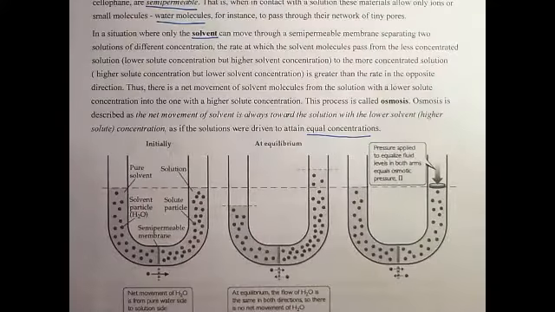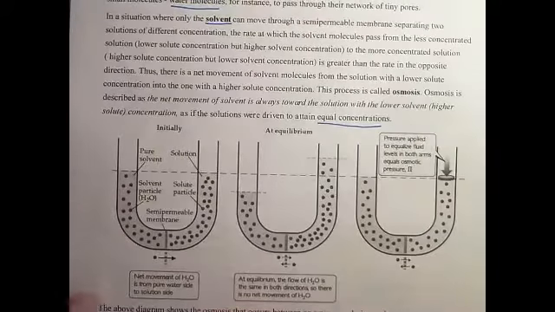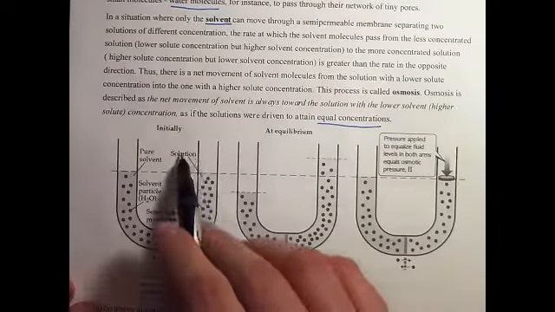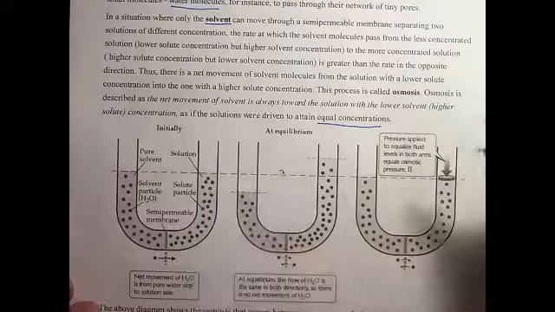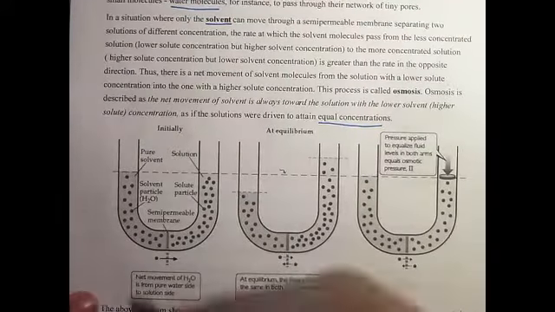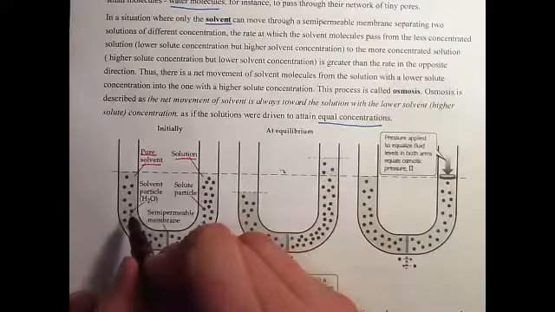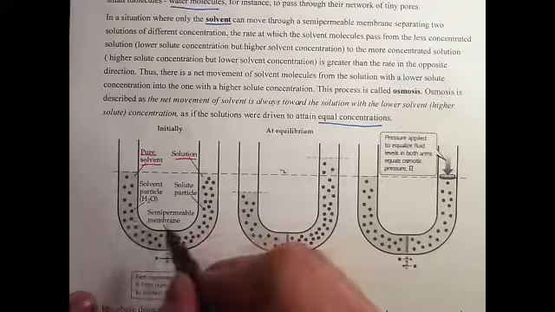So we have this diagram that was shown within the PowerPoint, and there are three parts to it. There's an initial, an equilibrium, and of course a restoration. Looking at the initial side, we have one side that is pure solvent, and then we have a solution. So clearly this side is more dilute than this side.